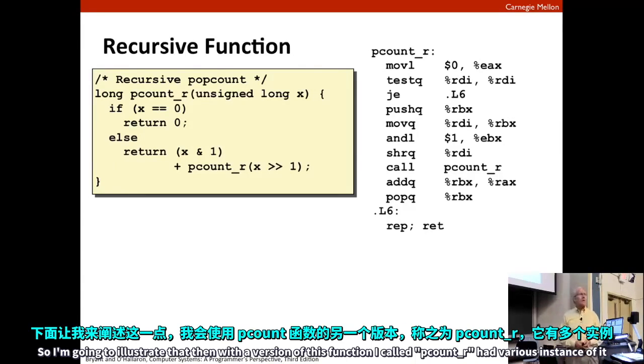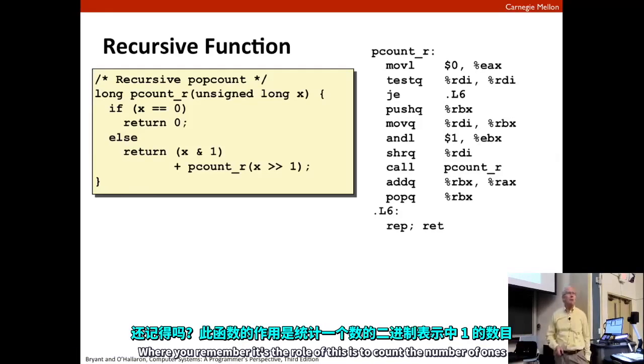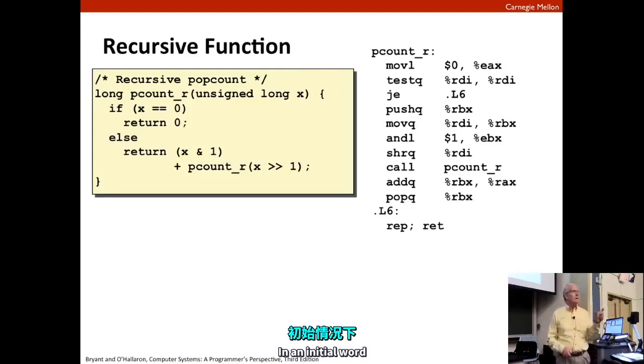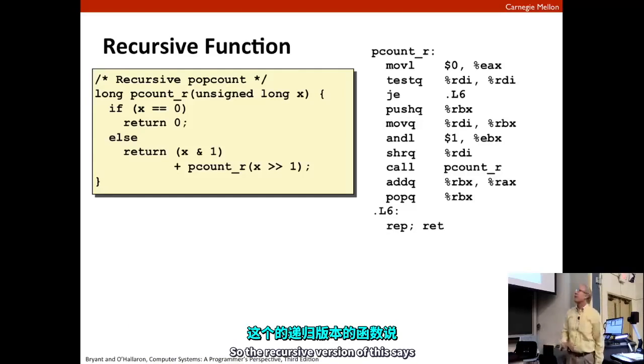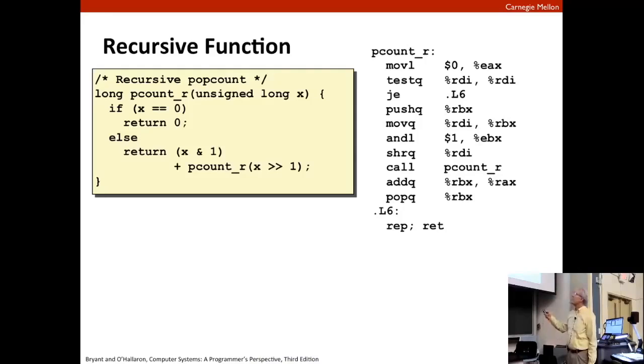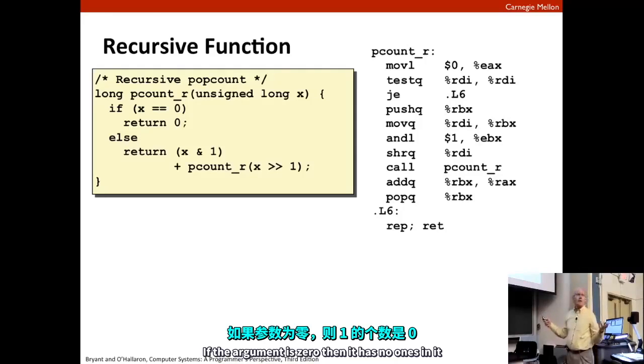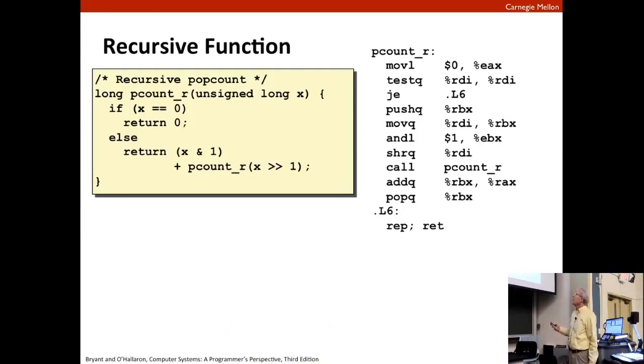So I'm going to illustrate that then with a version of this function I called pcount. I've had various instances of it, where you remember its role is to count the number of ones in an initial word. So the recursive version of this says if the argument is 0, then it has no ones in it.